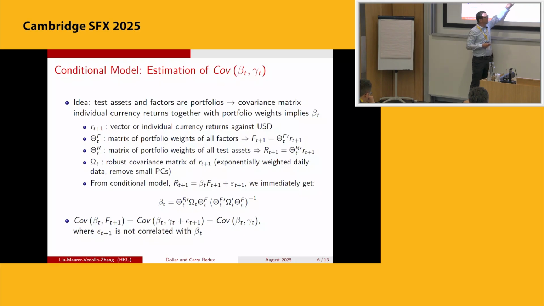Of course, the challenging thing is how do you estimate the covariance matrix? And actually about 10 years ago, Pasquale told me this in one of his discussions of my papers. This can be really hard to do. We use an approach which I used in previous papers, where we use an exponentially weighted moving average and principal component analysis to try to estimate this robustly.